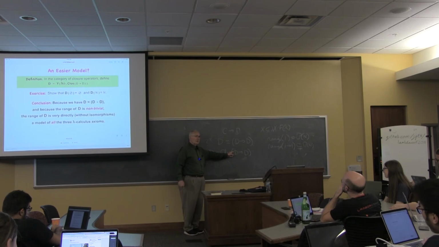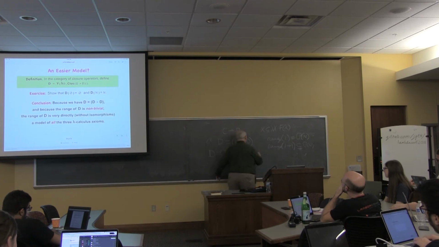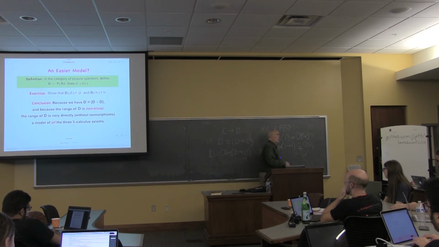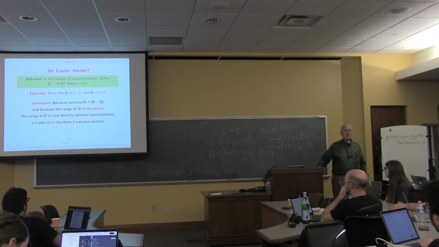So if I knew that was a closure operator, then close doesn't do anything more to it. It must be equal to D arrows D. But I had to do the things in those two steps to make sure that I know that everything I see here is in fact a closure operator.